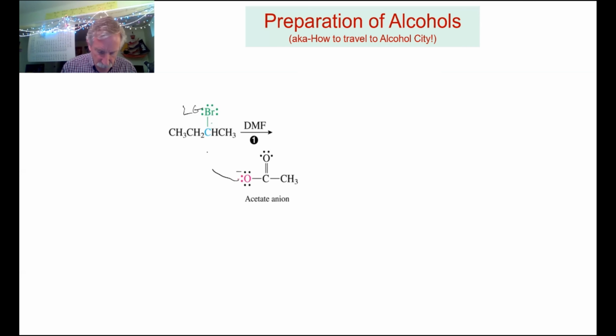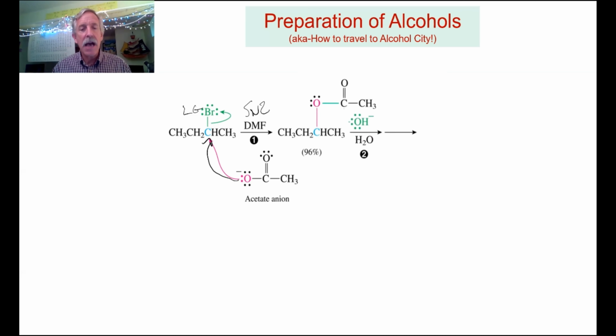This will react in an SN2 fashion, and I just signify that with a little DMF to help point you in that direction with an aprotic solvent, even though it doesn't matter, because this isn't a strong enough base to do E2. It is a better nucleophile and therefore can do SN2. Okay? So once this happens, I have created this acetate, this ester. And so this is step 1.